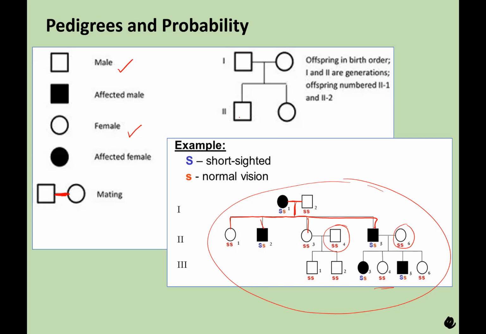Some pedigrees will put a slash and fill in half the circle or half the square. These people are designated as a carrier, which means they're heterozygous. But many pedigrees do not make that designation.